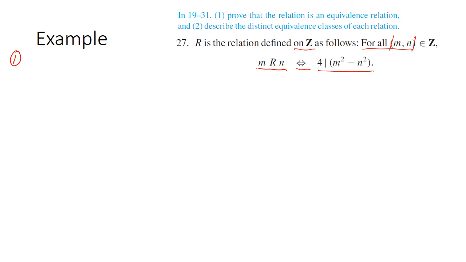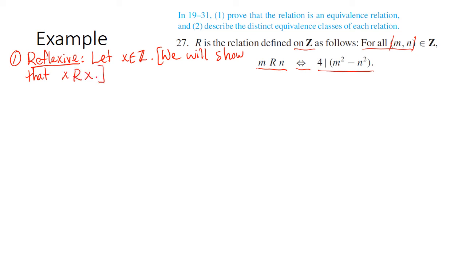Okay, so let's go ahead and try. First I'm going to show that this relation is reflexive. Let x be an element of the integers. We will show that x is related to itself by r.